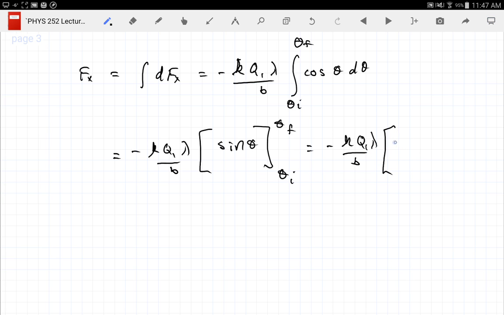And so I have to put my sine theta final, my sine theta initial stuff in here. And so I put the stuff from before. Now if I want to do the y component, what's different about the x component and the y component?